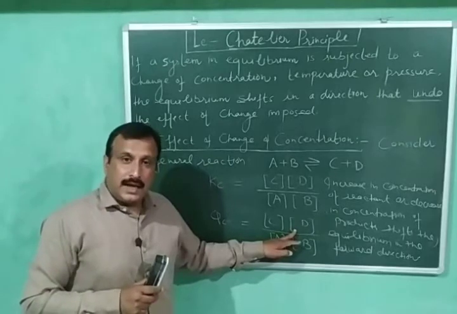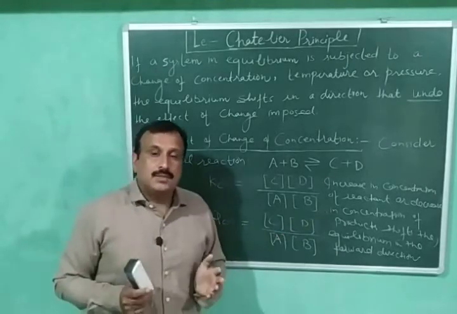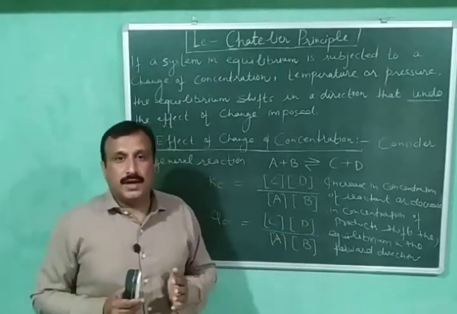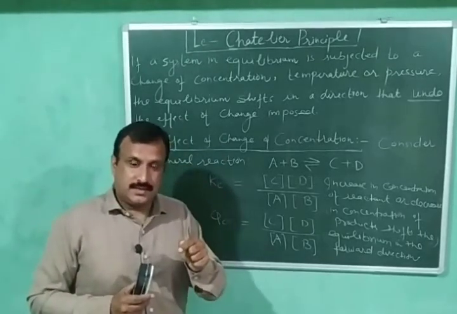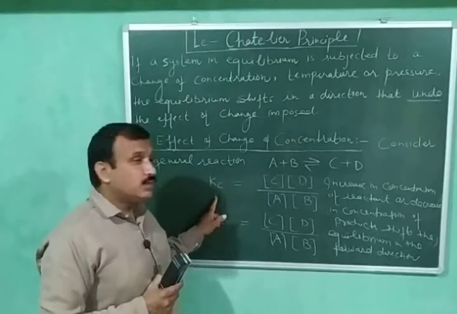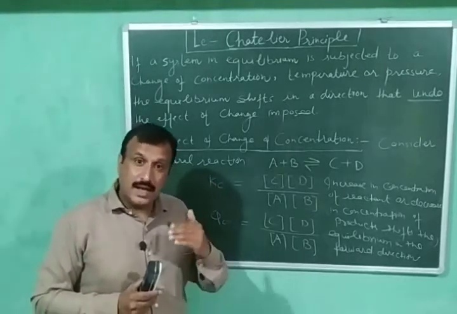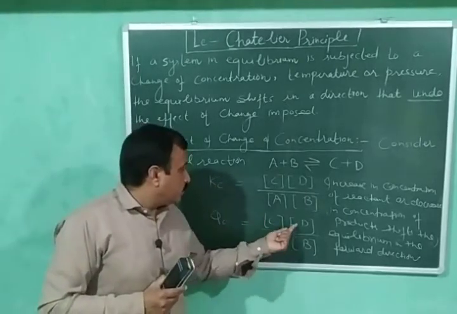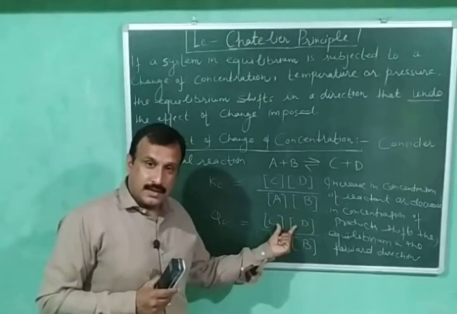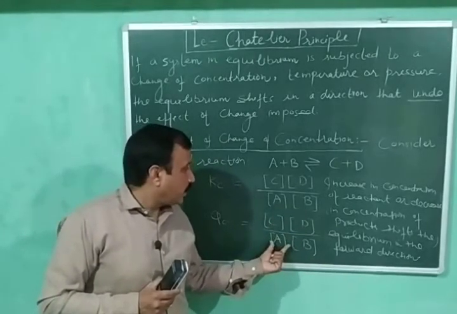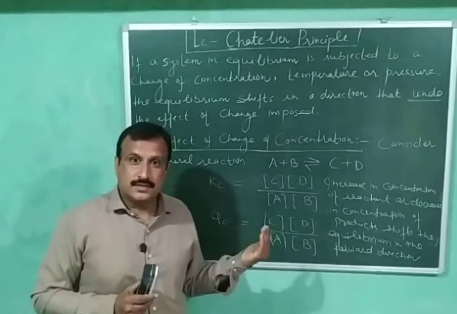And for the re-establishment of equilibrium, the value of Qc should decrease until it becomes equal to Kc, and this will happen when the concentration of C and D decrease and concentration of A and B increase.